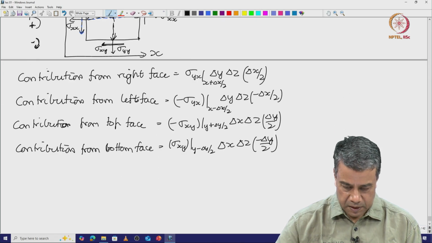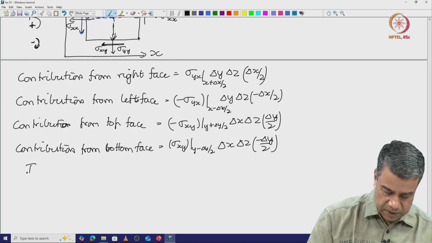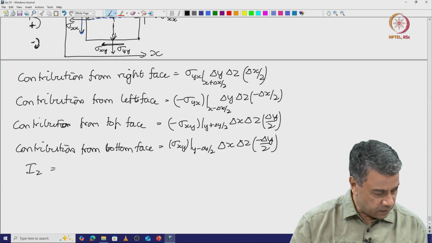The moment of inertia about the z axis for a volume you can calculate.